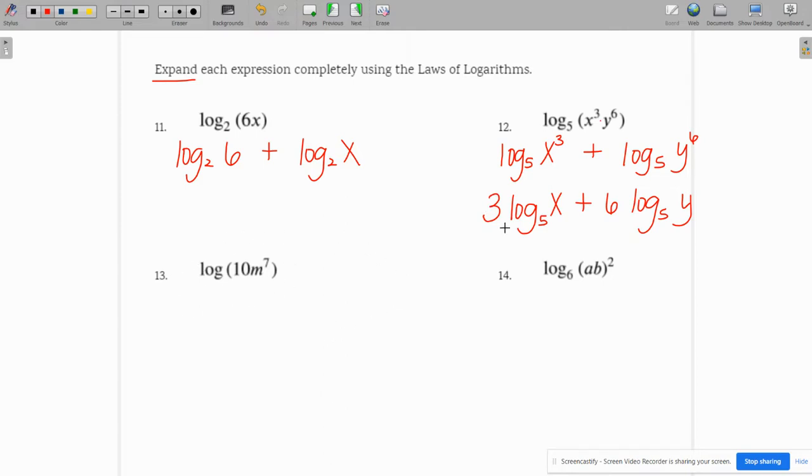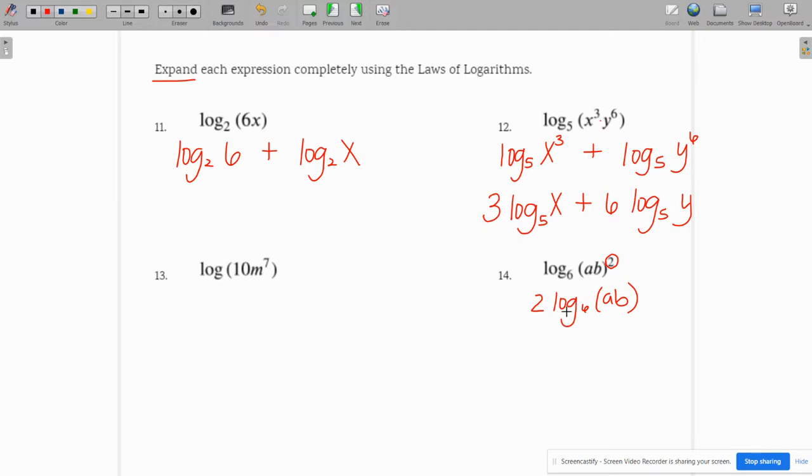Try this one on your own. I'm going to do number 14. For number 14, we have to deal with our power before we can deal with the multiplication, because it's log base 6 of the quantity AB squared. So I could first rewrite this, taking that exponent and rewriting it as 2 times log base 6 of AB.